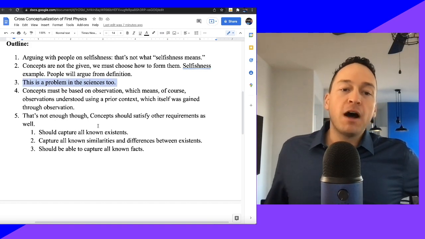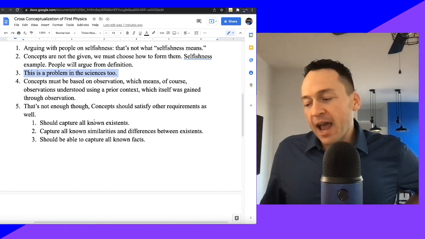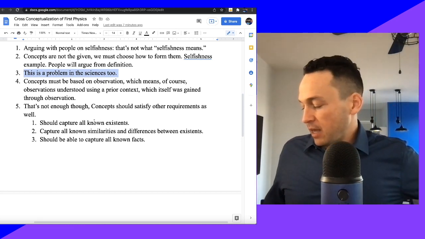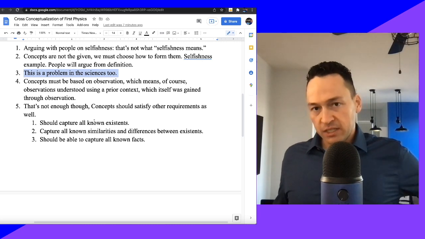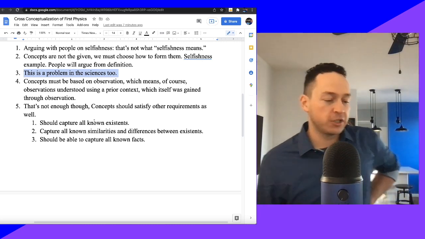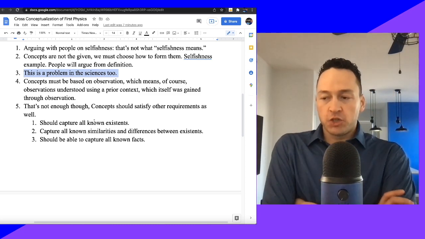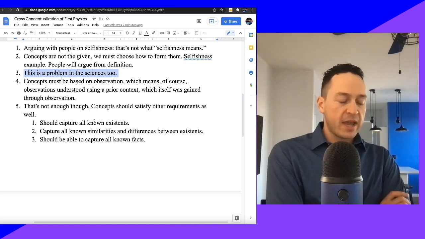Now, this is a problem in the sciences as well, not just philosophy. And what you get in the sciences is basically faith in existing conceptualizations. I once talked to an objectivist physicist, and I raised a question: why is angular momentum conceptualized the way that it is?